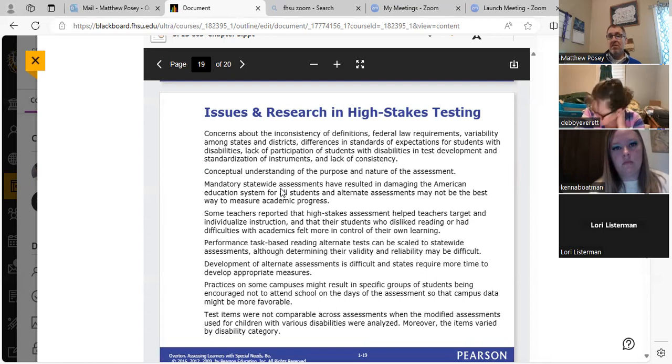Some states now are looking at discrepancy based models, based on testing, and other states are going to an RTI model, based on collecting that data and looking at that model to guide placement for services. So do you guys know what Kansas does by chance? Okay.